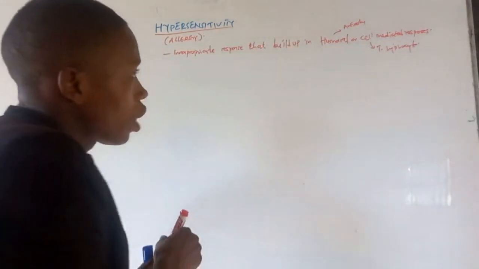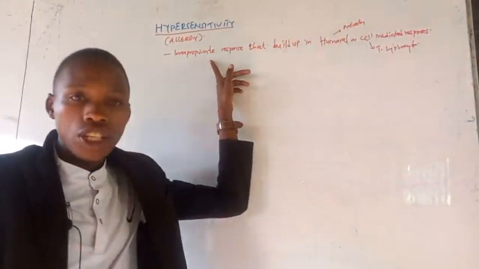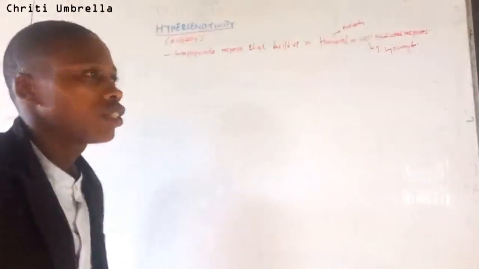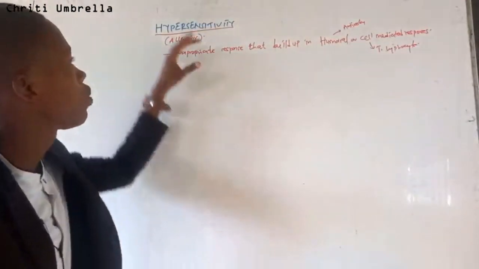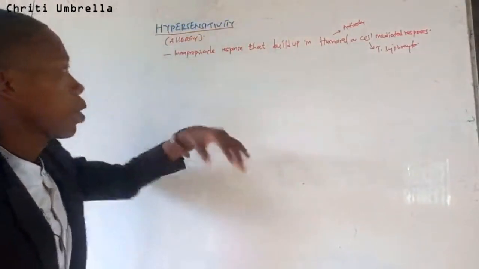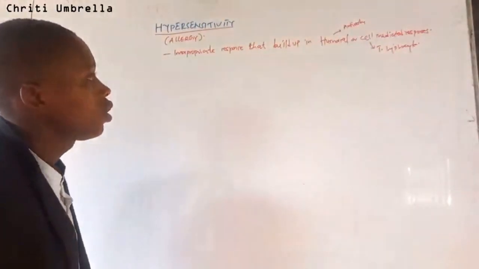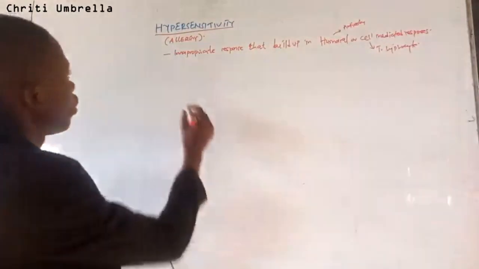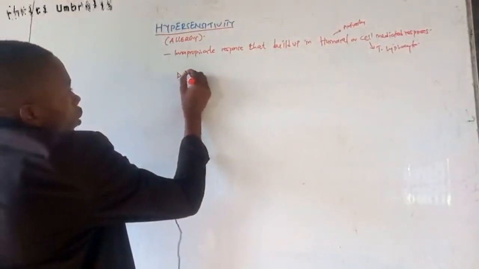So from there we shall look at how this can happen. To know that someone's body is reacting to allergy, you will notice what we call degranulation.